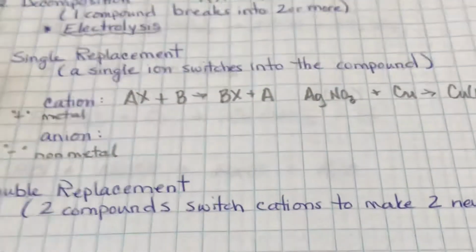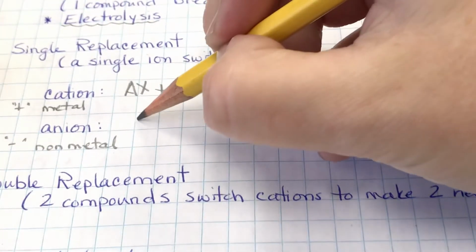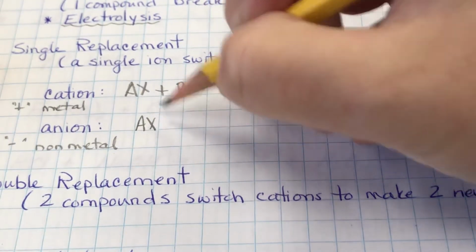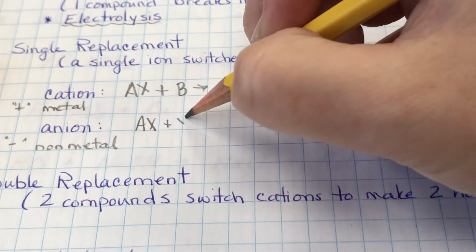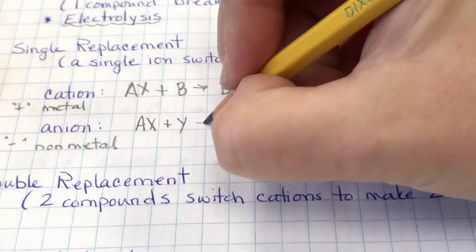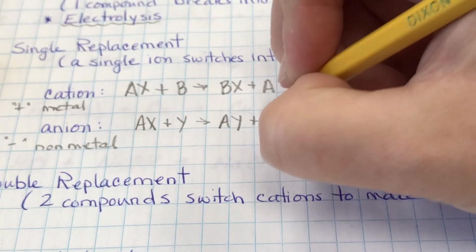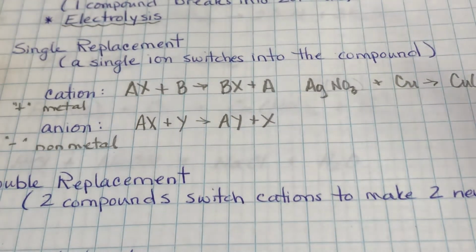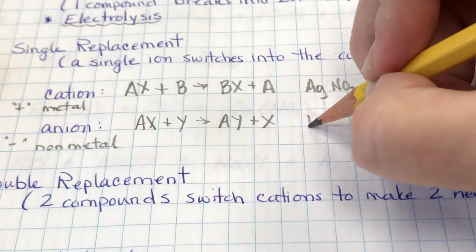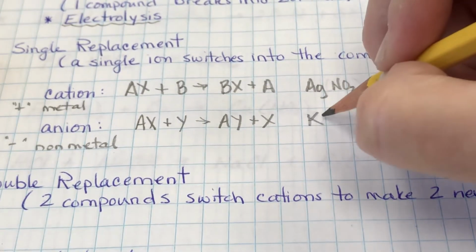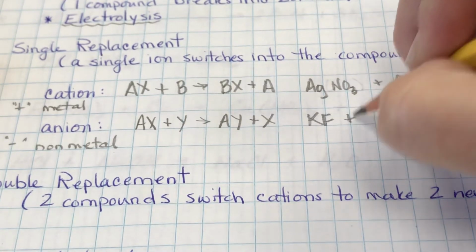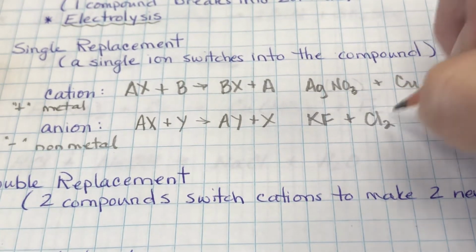For the anion, we will have your compound again, but this time we're going to react it with an anion. So the A will stay in the compound and X will be left by itself. An example would be my potassium fluoride. I'm going to react it with chlorine.